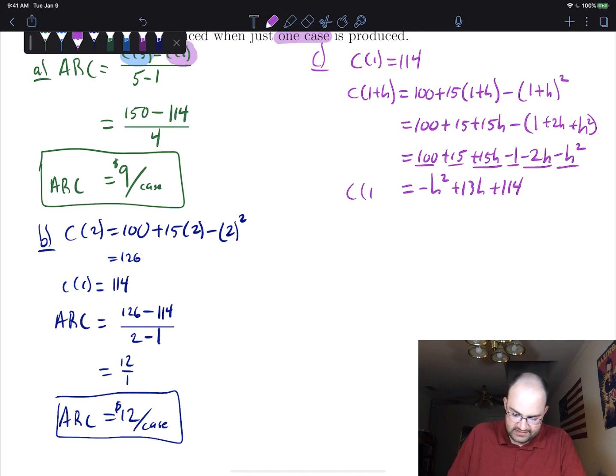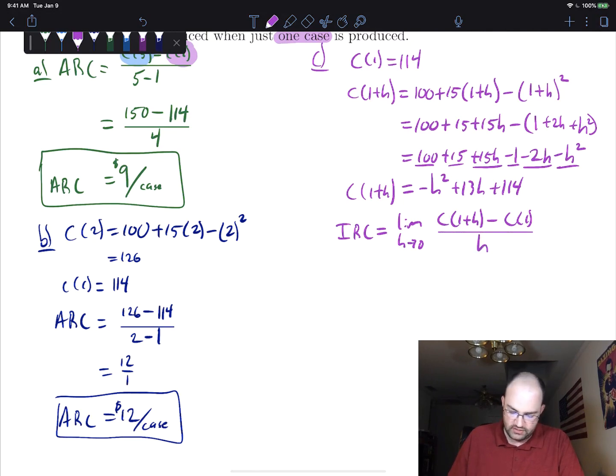Which is what this is, and that's actually helpful. So this tells us that C of 1 plus h is actually equal to negative h squared plus 13h plus 114. The reason that this is helpful is because the instantaneous rate of change is going to be the limit as h goes to 0 of C of 1 plus h minus C of 1, all over h.